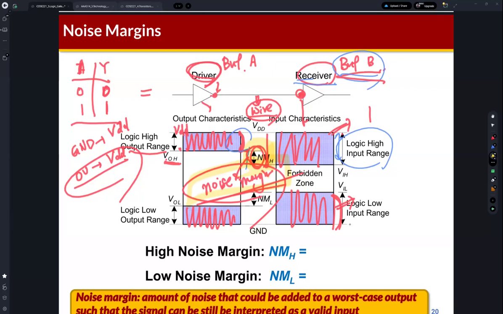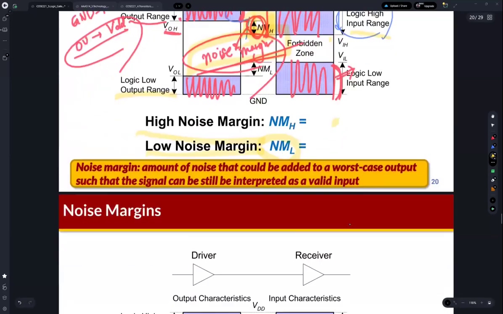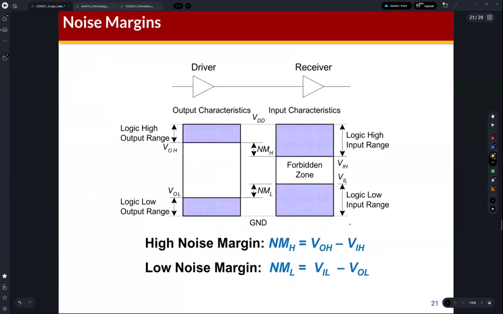Then we can define the high noise margin as the gap between the logic high output range and the logic high input range. And the low noise margin is the same: the difference between the logic low output range and the logic low input range.